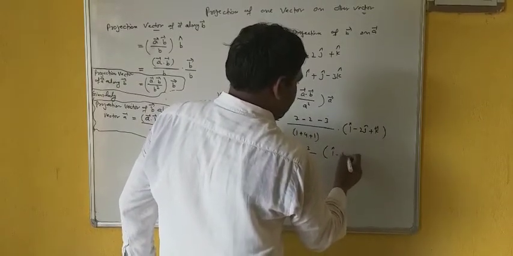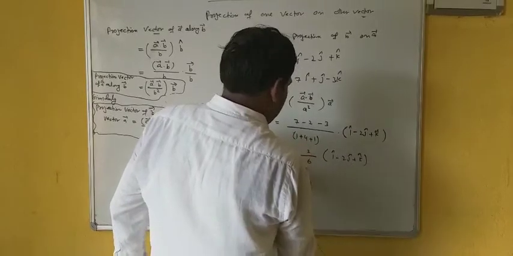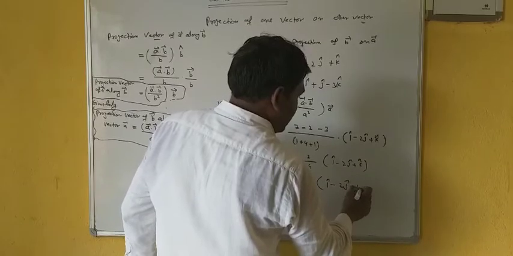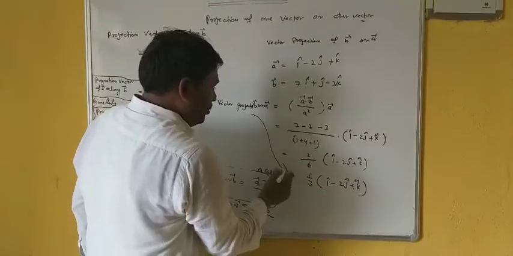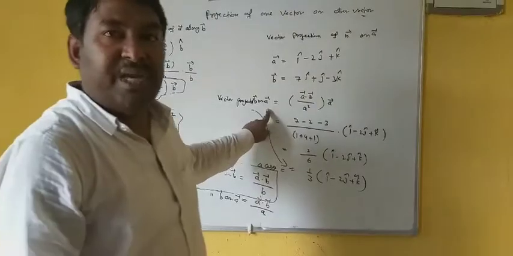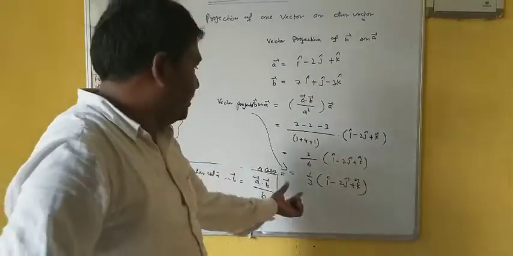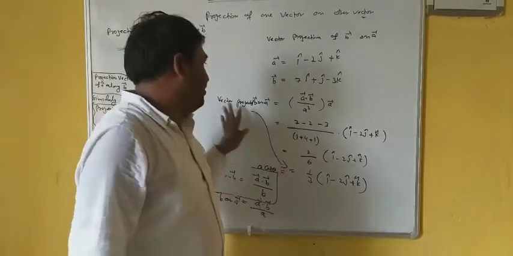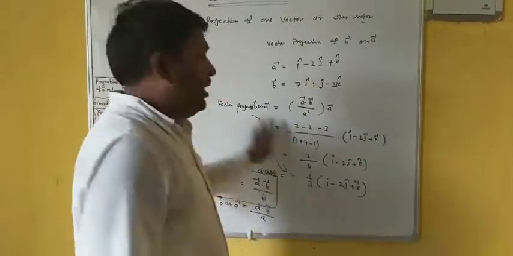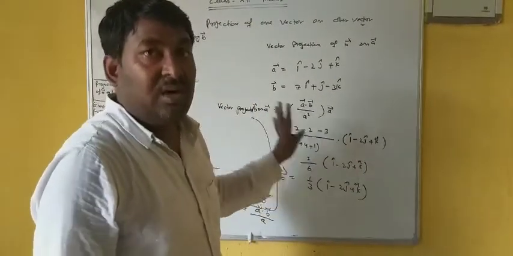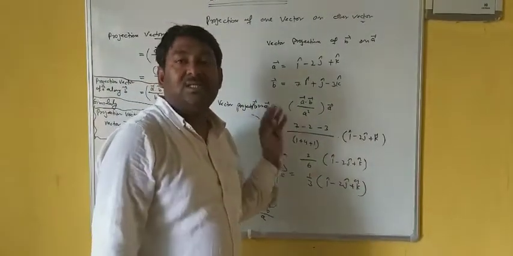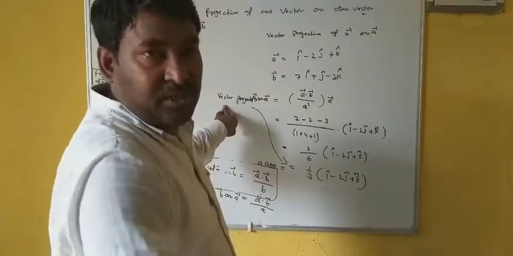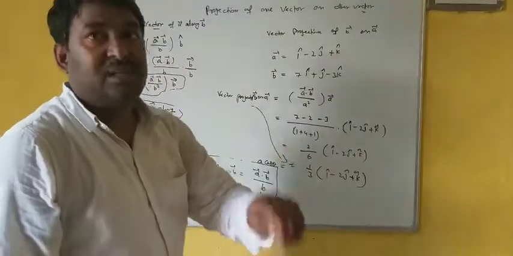So 2 upon 6 into i cap minus 2j cap plus k cap, which is 1 by 3 times i cap minus 2j cap plus k cap. So this is your vector projection of B on A, not only projection, so that is why it is a vector quantity. Vector projection is a vector quantity and projection is only a magnitude, that means it is a scalar quantity.